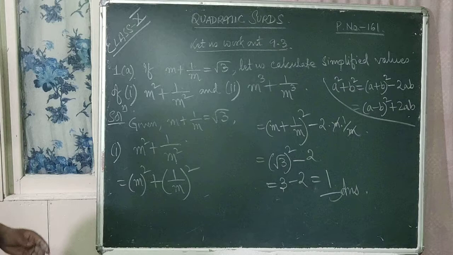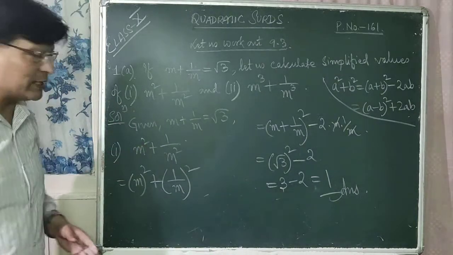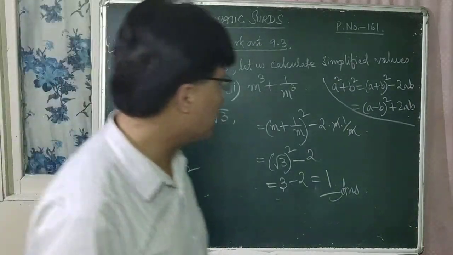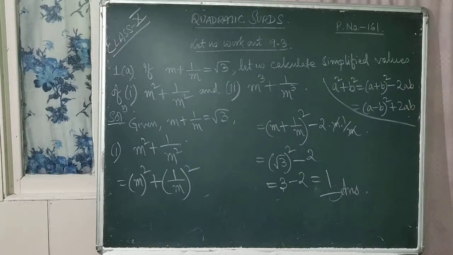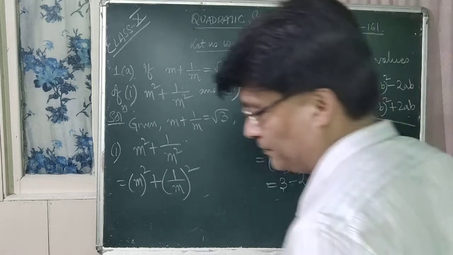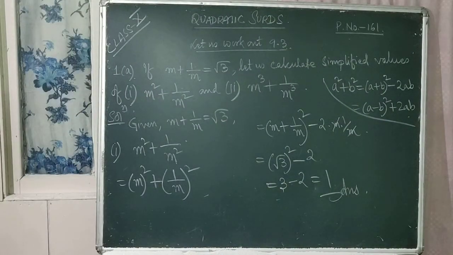Let's do the second part now. You can copy it. Now we will do the second part. What is the second part? If m plus 1 upon m is equal to root 3, let us calculate the simplified value of number 2, that is m cube plus 1 upon m cube.